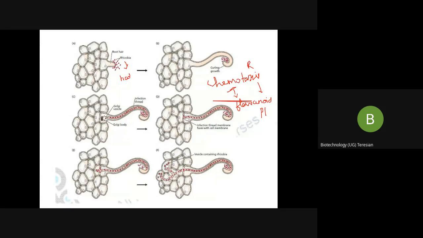It is nod, NOD. So these attractants activate which nod gene? They are going to activate the rhizobial nod D.